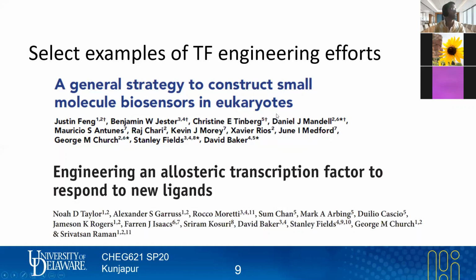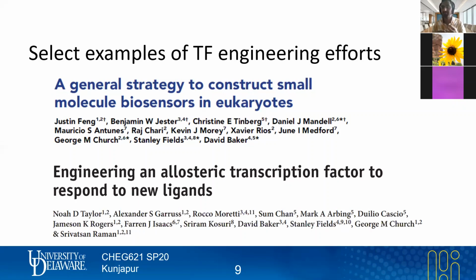One was the idea of trying to do it more effectively and more generalizably in eukaryotes. And this relied on the fact that eukaryotes have transcriptional activator domains. And you could have a small molecule or ligand binding domain that was fused to an activating domain rather than having a traditional transcription factor. And the neat part here was that you could create some of these ligand binding domains such that if you didn't have your small molecule around for it to bind, then it would just not fold correctly.